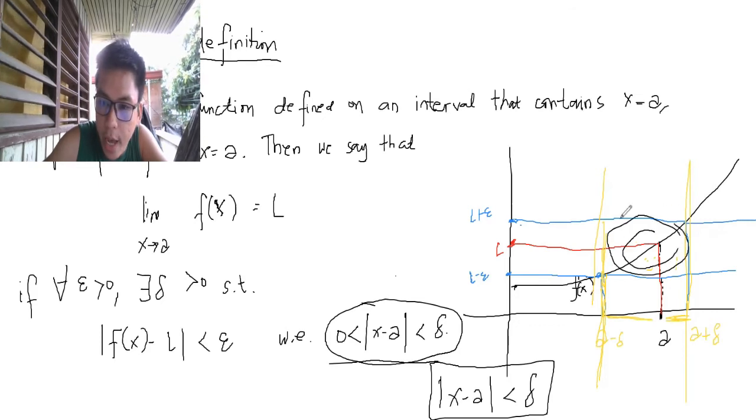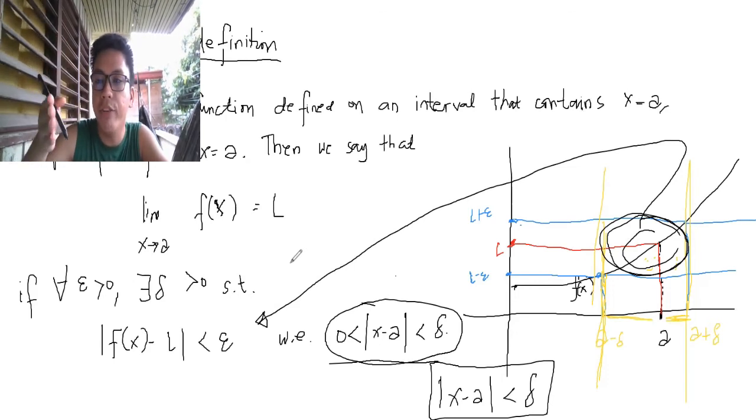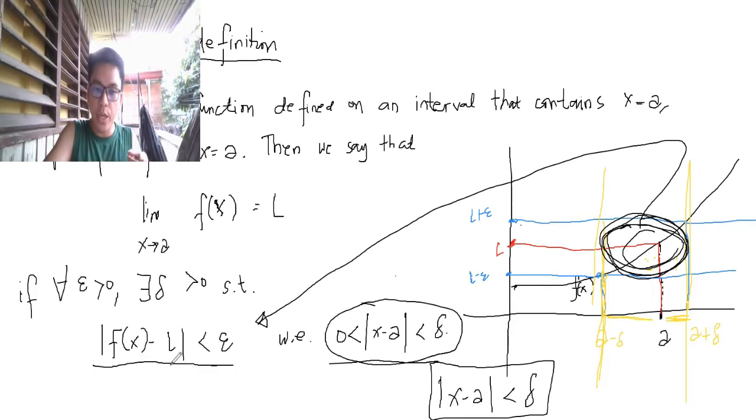So you would have a certain point here that lies on the intersection of this region, which simply tells us that this exists. So that means the absolute value of f of x minus L is less than epsilon, because when you choose your x there, it lies on the intersection here. So you are pretty sure that this actually is valid.